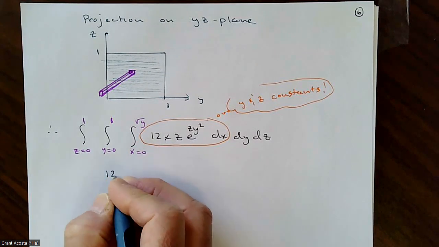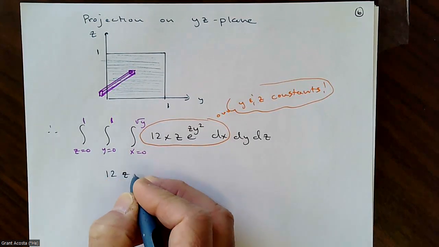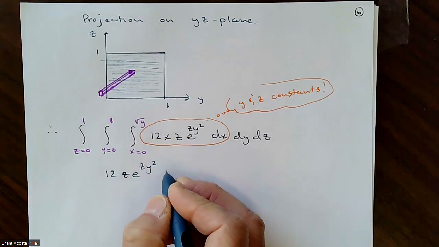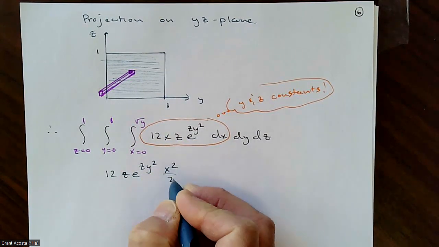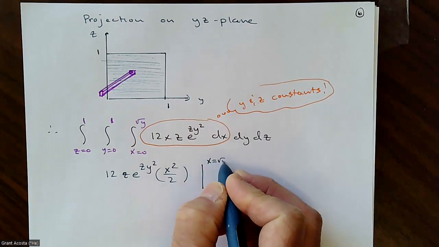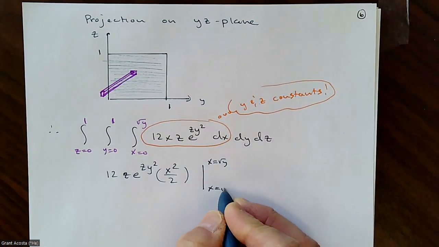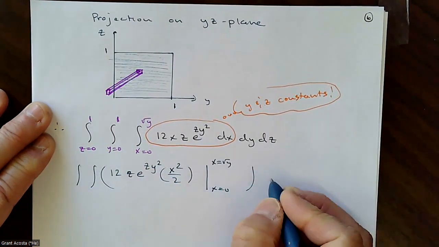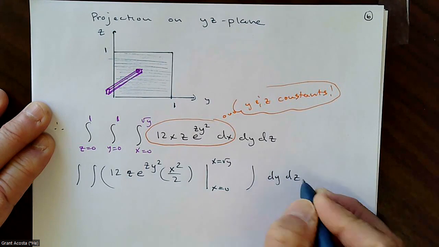So I have 12z e to the zy squared, and the antiderivative of x is x squared over 2. And I'm going to plug in from x equals root y to x equals 0, then integrate my result with respect to y and z.